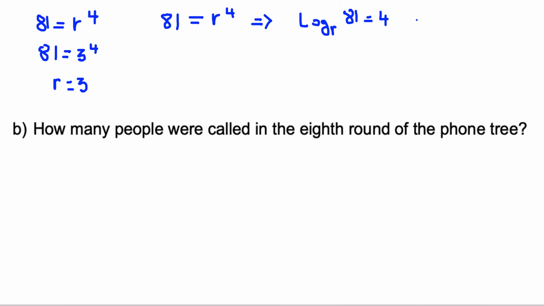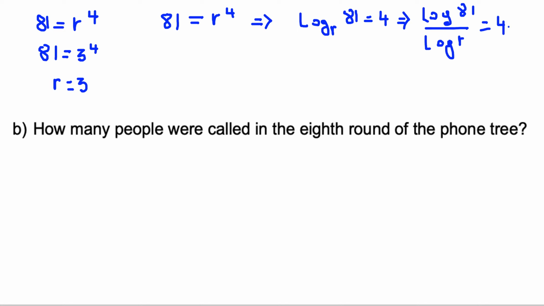But now we can change the base. To change the base, we write with common logs: common log of 81 divided by common log of r, and this is equal to 4. A longer process is to multiply both sides by log r, then divide by 4 and solve for log r.